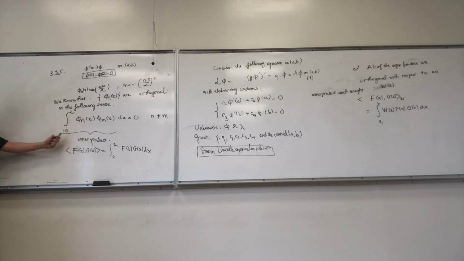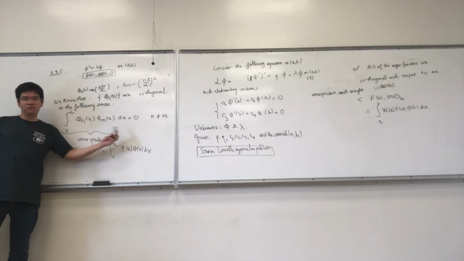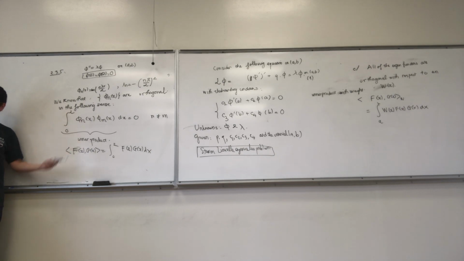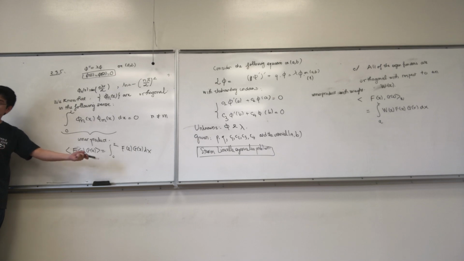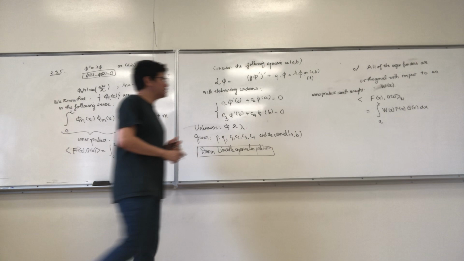If you multiply these two functions and integrate from 0 to 2, this integral is 0. When this integral is 0, I say they are orthogonal because I define the inner product to be the integral from 0 to 2 of this product.